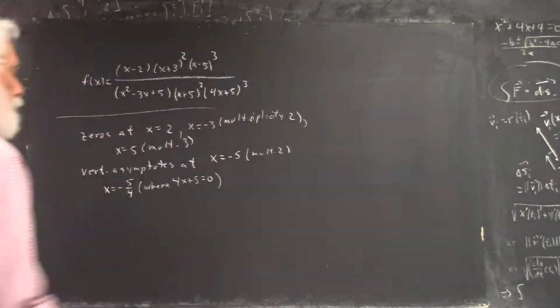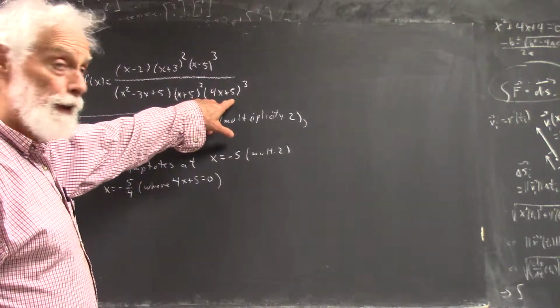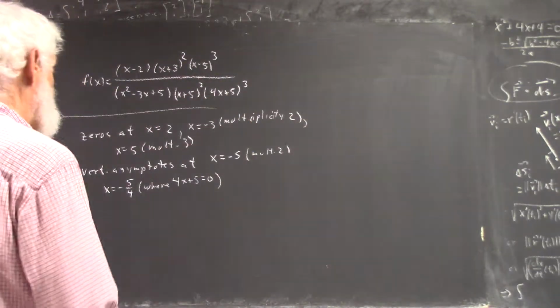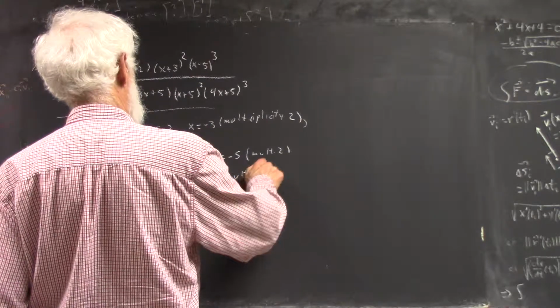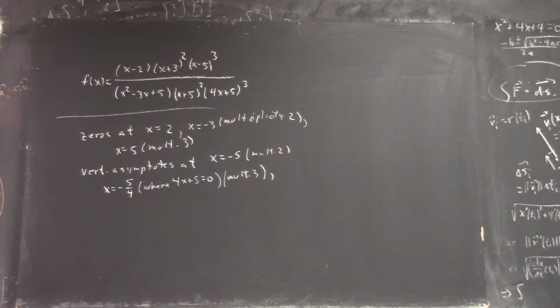Then 4x plus 5 is 0 when x is negative 5/4. You can see that just set that equal to 0 and solve for x to get the zero. And the multiplicity is 3. And that's all.